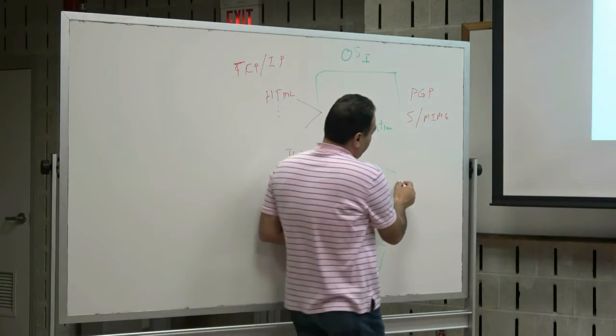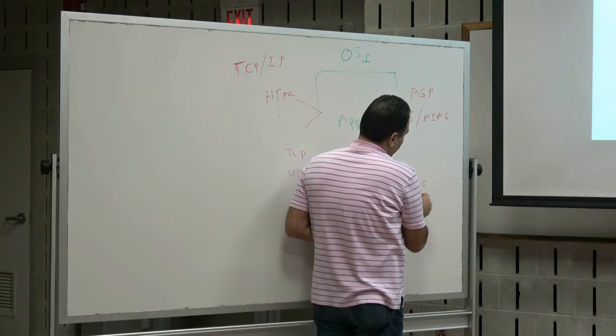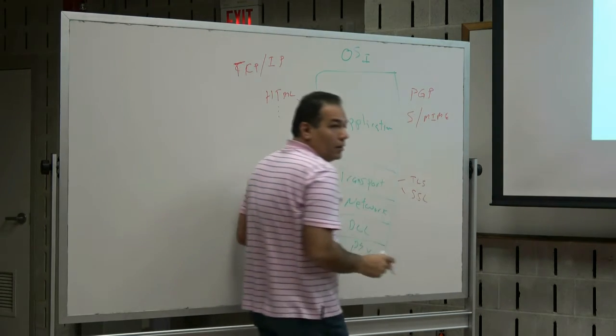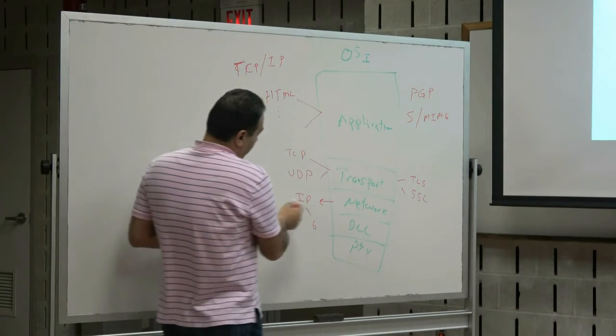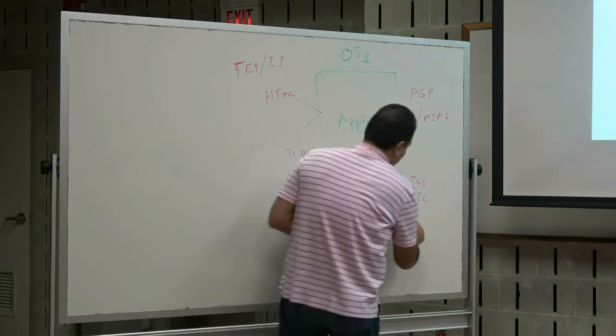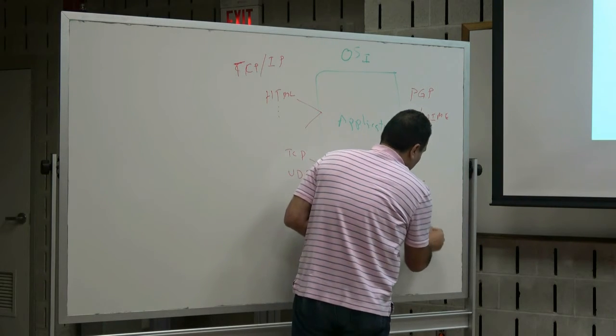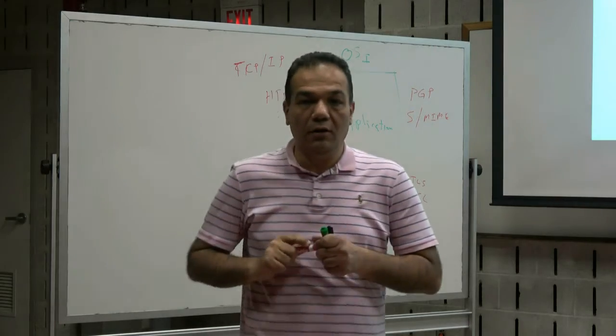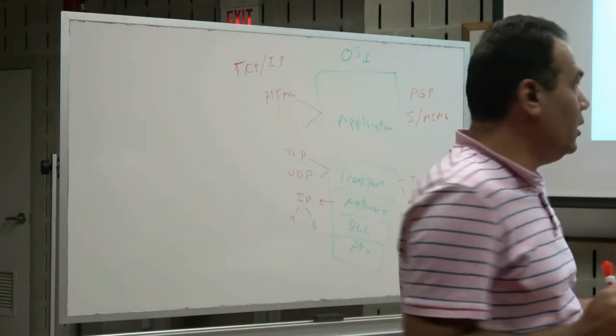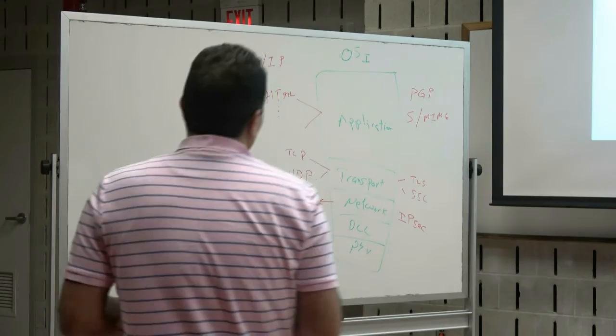We'll talk about TLS and SSL, and we'll talk about IPsec. We are not going to go into details, we're just going to let you know about it a little bit, as much as time permits.